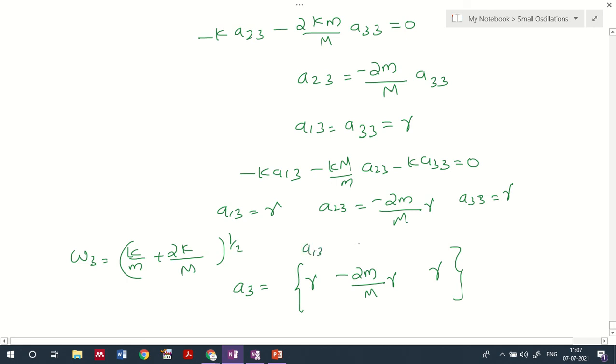This is a13, this is a23, and this is a33. So we have got all the eigenvector representations in terms of the eigenmodes. I'll take some more minutes because I need to finish this part of the discussion by today itself.